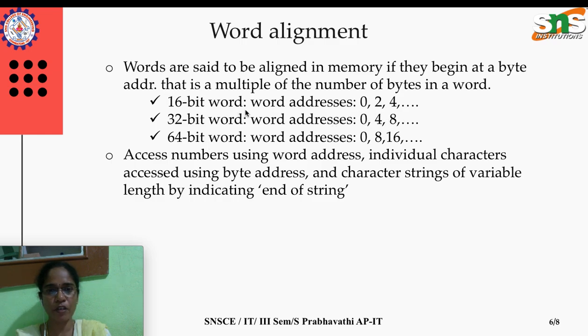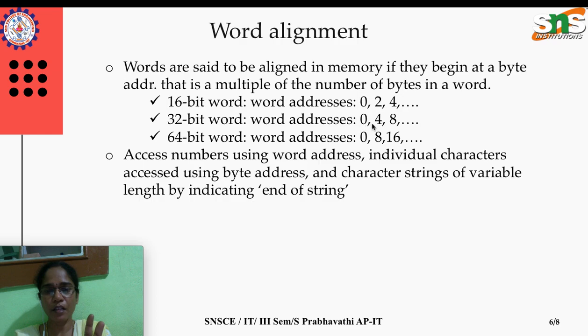For a 16 bit word, only 2 characters are allowed in the word. Each character is 8 bit in size. So the first character in a word will be given byte address 0, and the second character will be given byte address 1.